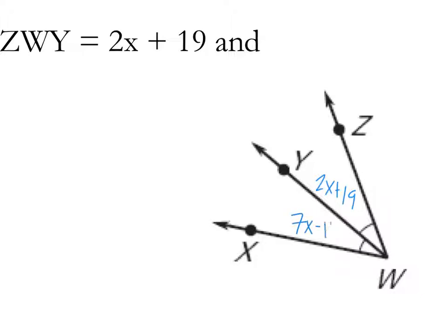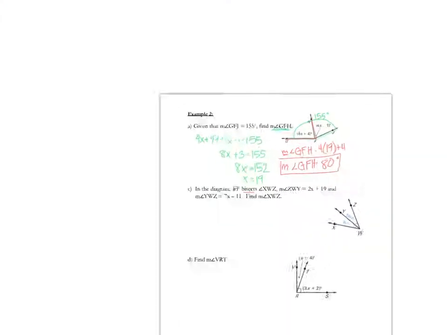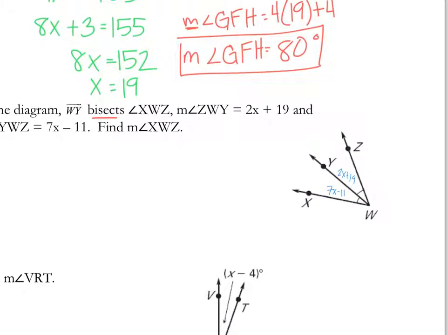So, those two, if you see that they're the tick marks in there, you know that they're equal. So this is part equals part. So 7x minus 11 equals 2x plus 19. And then we can solve, which I will do, you can do on your own as well.